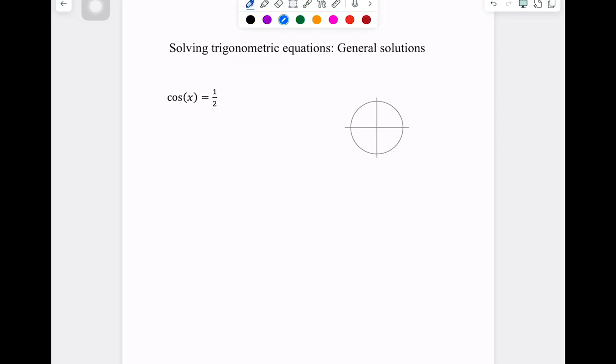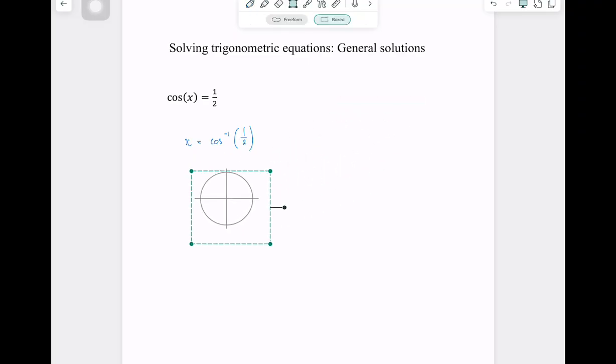The first step here is to take cos from the left-hand side to the right-hand side by applying the inverse. Then we will use the unit circle to investigate what cos inverse of 1/2 means. Essentially, we are looking at when the x value is equal to 1/2 on the unit circle.